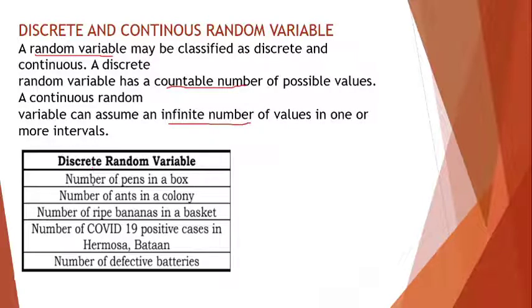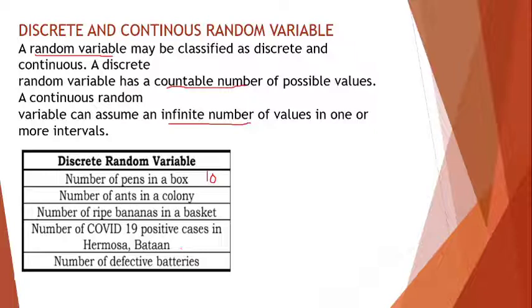Discrete random variable examples: the number of pens in a box, which we can still count, since based on my earlier count, it consists of 10 pens in one box. The number of ants in the colony. The number of ripe bananas in a basket. The number of COVID-19 positive cases in Hermosa, Bataan, which is still countable based on a survey. The number of defective batteries.